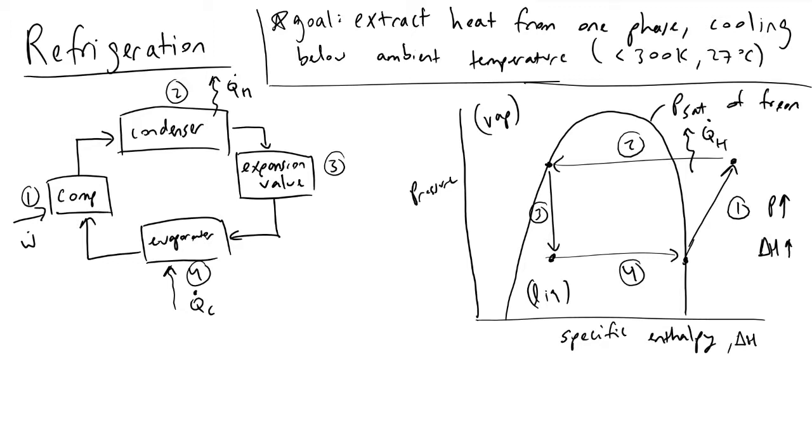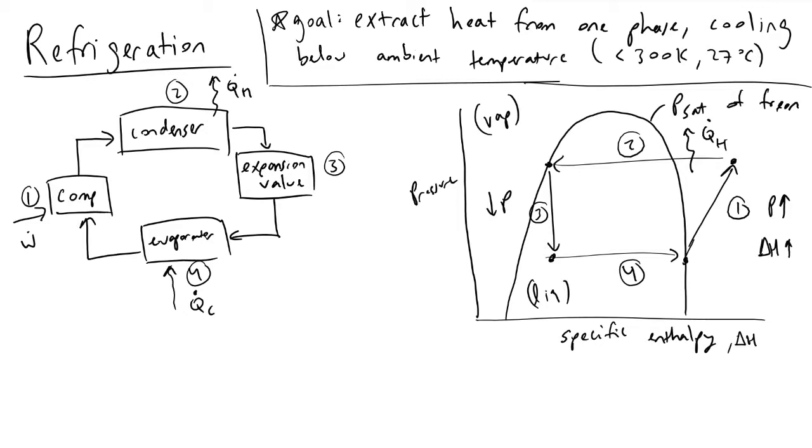Now at point 3, we're going to use an expansion valve, and the only purpose of this valve is to decrease the pressure, and we're going to assume it's an isenthalpic valve, meaning no change in enthalpy. So we're just dropping the pressure, and the reason we're dropping this pressure is to help make things easier for when we enter our evaporator.